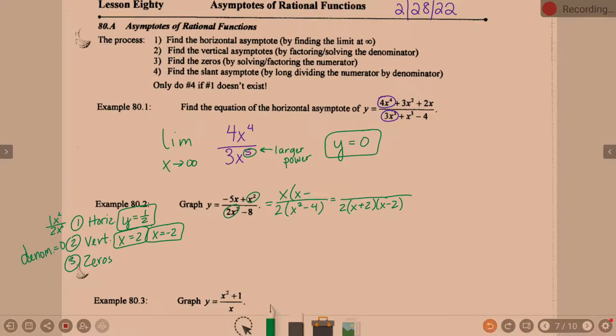If I say negative 5 plus x there, I can still change it over here. There we go. Now, if it's x, x minus 5, what does that say as zeros? 0. Yeah. We have zeros at 0 and positive 5. And that's from setting your numerator equal to 0, yes?